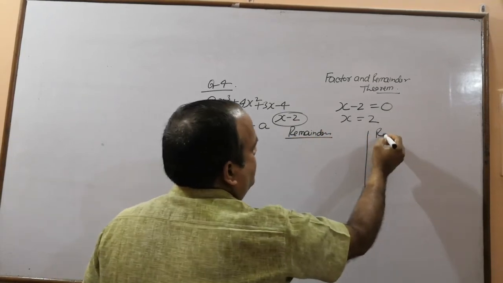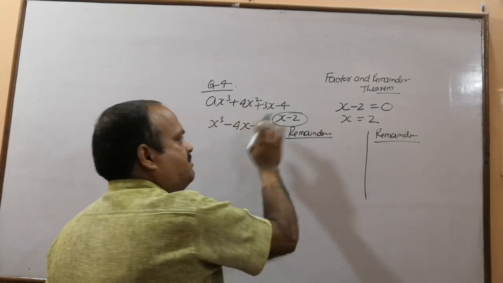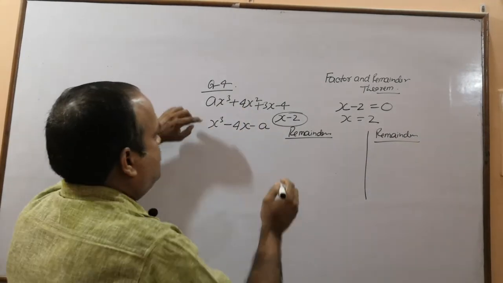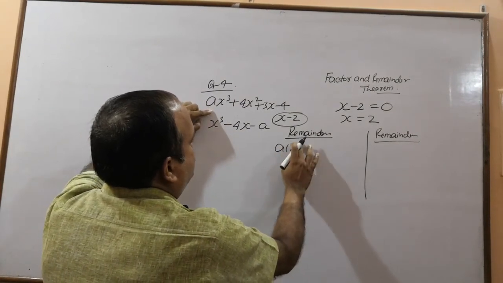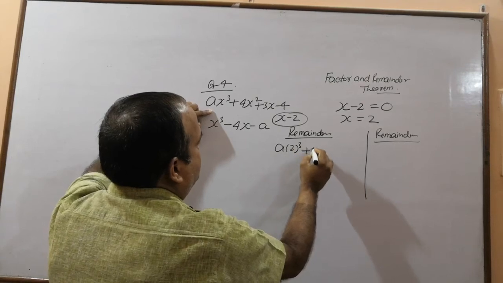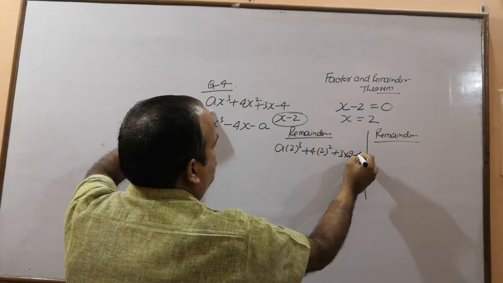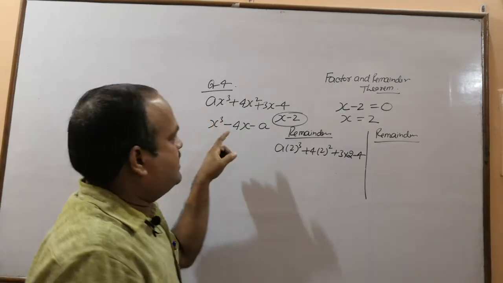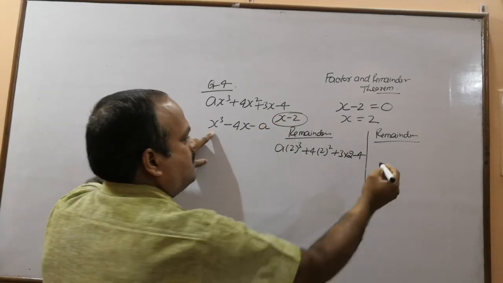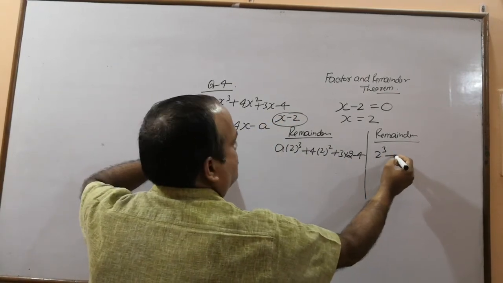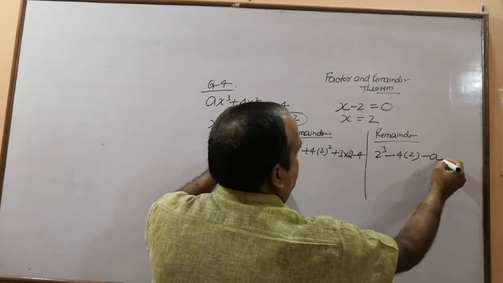Let us get the remainder from this division also. So a into 2 cube plus 4 into 2 square plus 3 into 2 minus 4. And for the other, 2 cube minus 4 into 2 minus a.